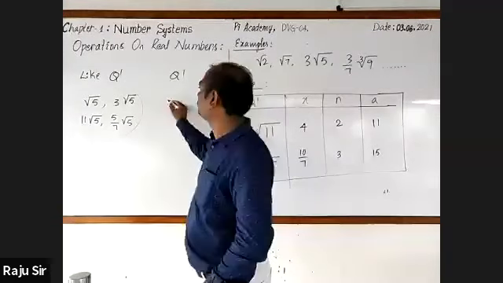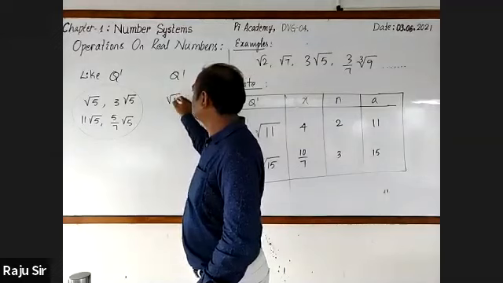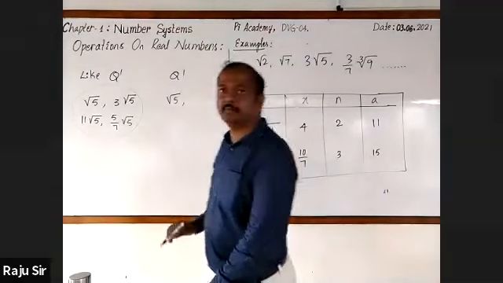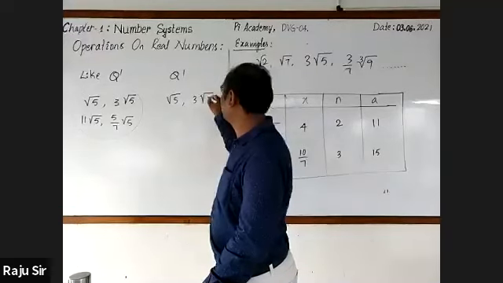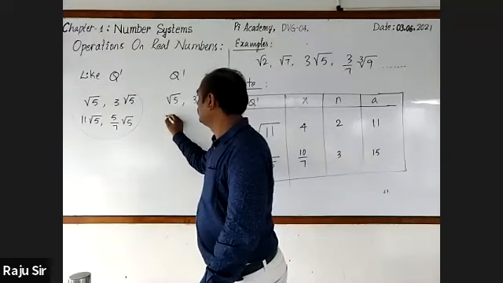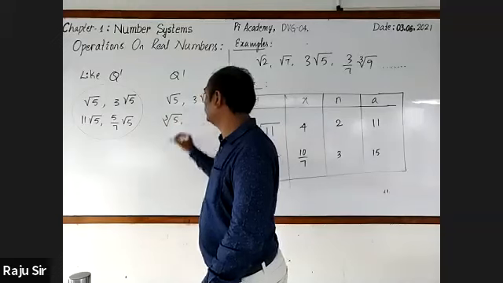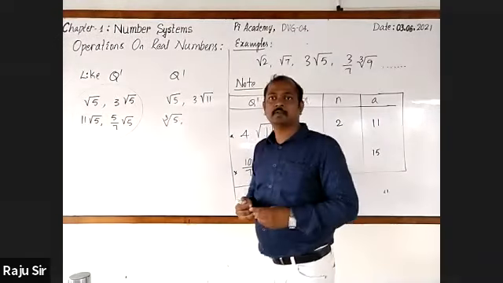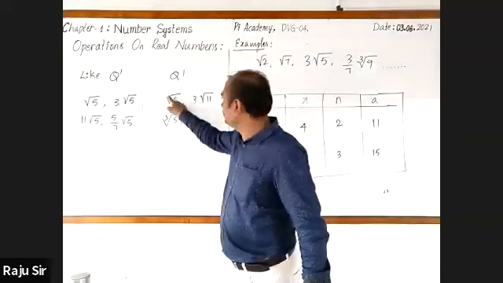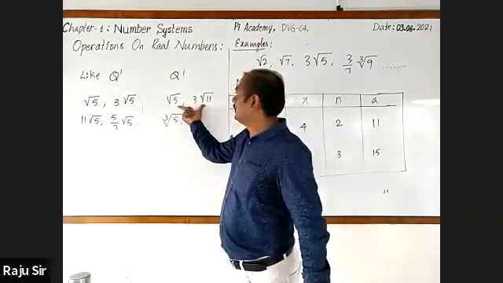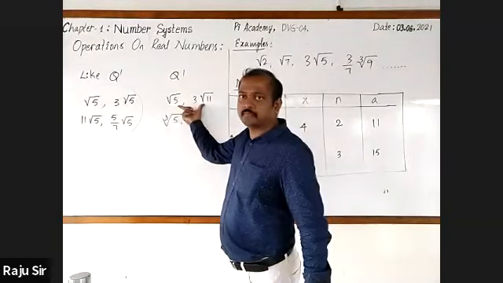Look at them. It is square root of 5, 3 into square root of 11, cube root of 5. Observe. You can come to know that orders are different. Of course, here it is same, but radicands are different.